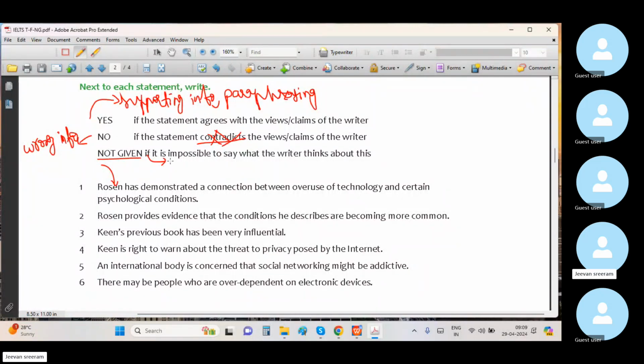Not given. Not given means you can't find any paraphrasing or supporting information, and you can't even say no. It is not even considered wrong information. Although you will find some similar vocabulary, the same verbatim words, the overall meaning of the statement is never seen anywhere in the passage. You can't find any supporting information for that, and you can't find any information to contrast or contradict it.